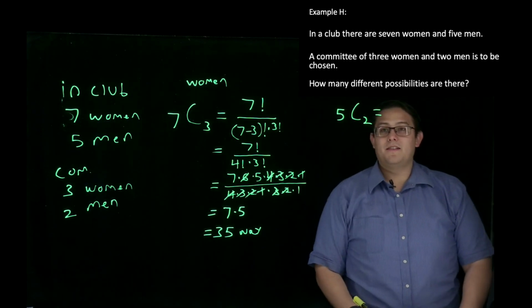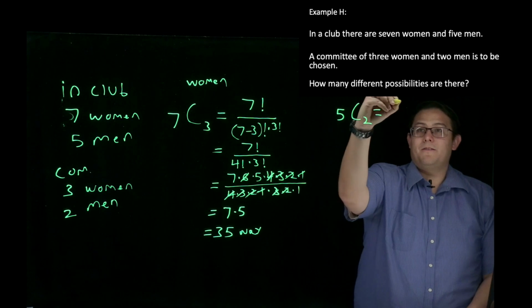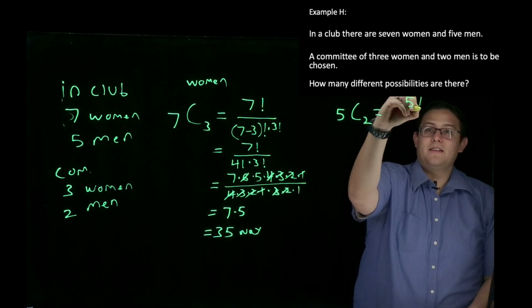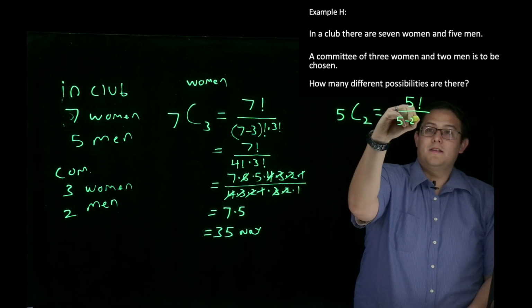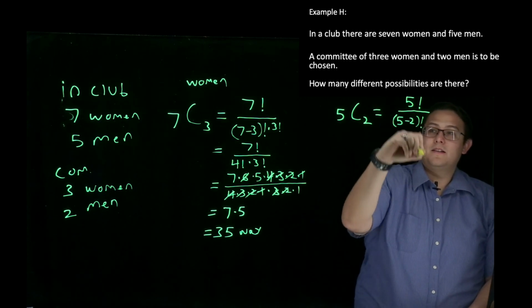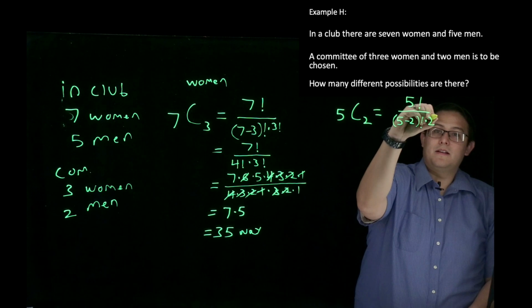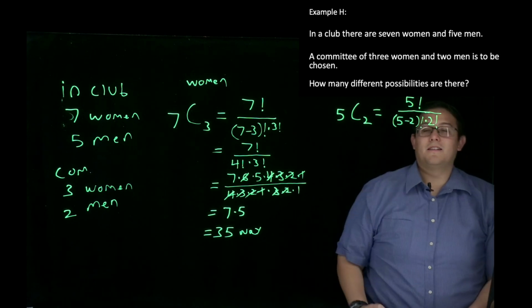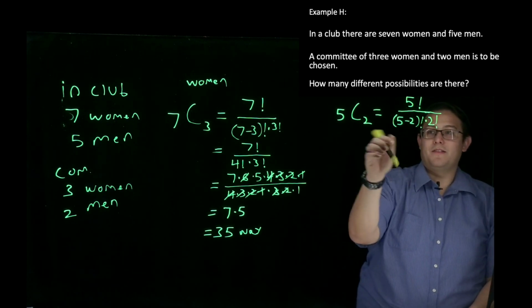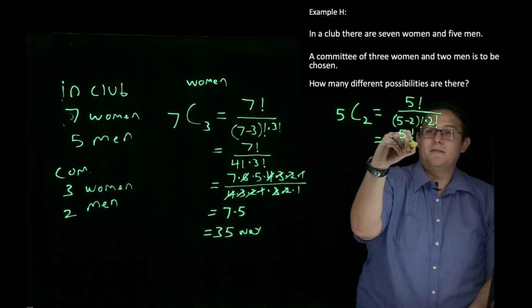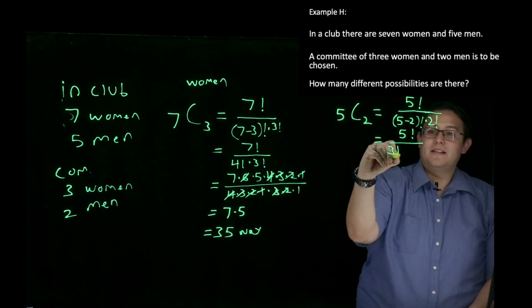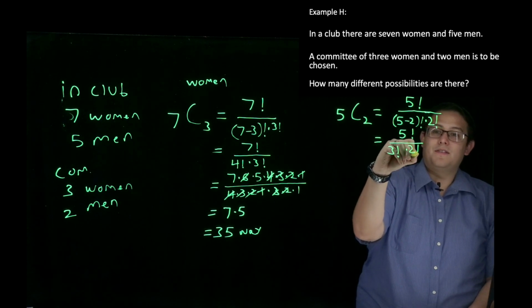All right, so for 5C2, you're going to have 5 factorial all over 5 minus 2 factorial times the 2 factorial. All right, so doing the parenthesis first, this is going to be 5 factorial over 3 factorial times 2 factorial.